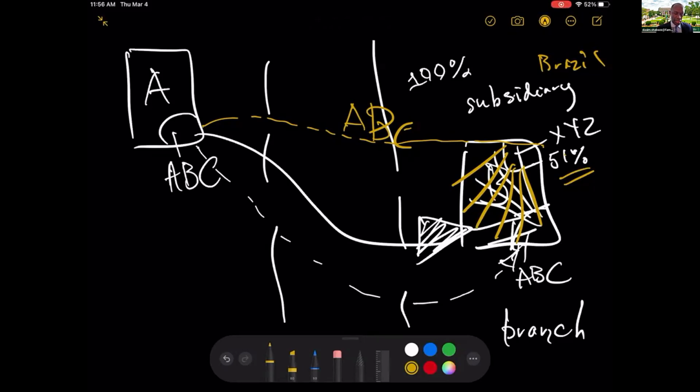What's the benefit of me buying 51% of XYZ? Of course, I can get my products in, but what are the other benefits? You said 51%? Yeah. So ABC, we actually own XYZ now. We're a majority owner. But what's the benefit of that?